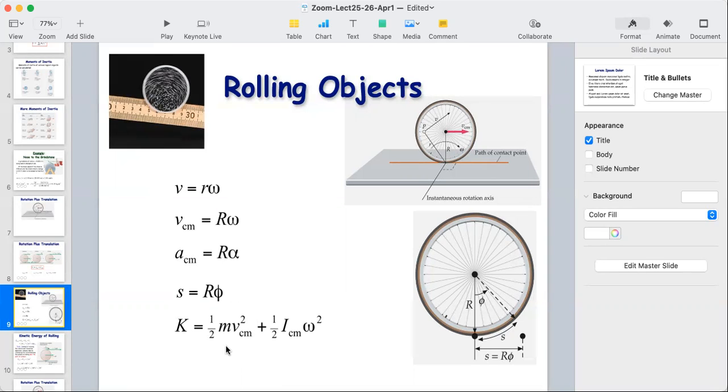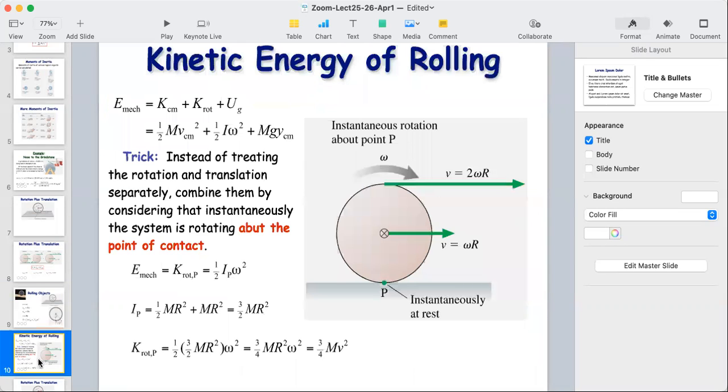So this is the translation, the one that you have been using so far when you have a linear motion. This is the one that you've learned today that you have to use when you have something that is just rotating. The kinetic energy of a rolling object is the sum of these two, because both of those motions are taking place.